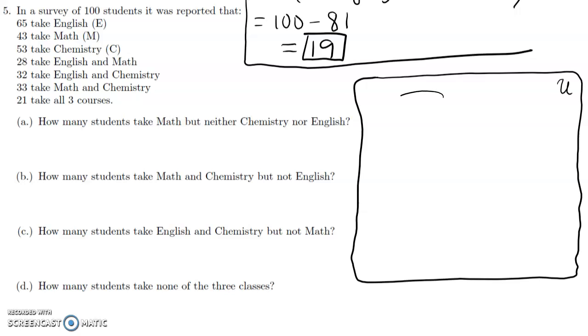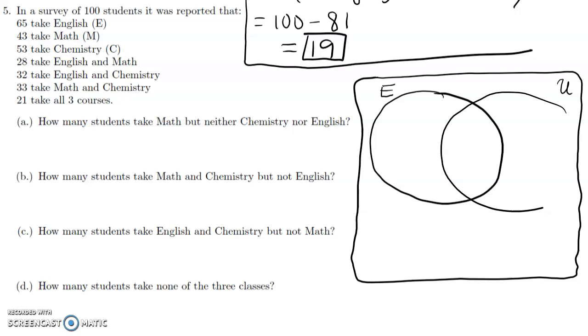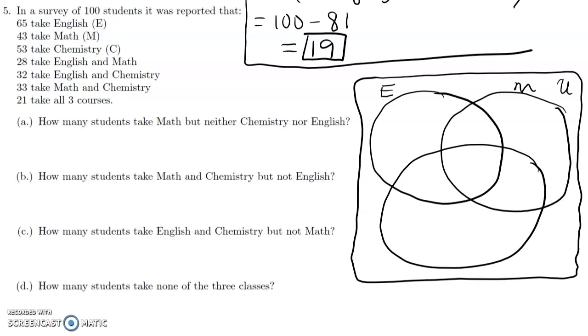And then we need an English circle. We need a math circle. And we need a chemistry circle. And we're going to fill in every region of this Venn diagram.